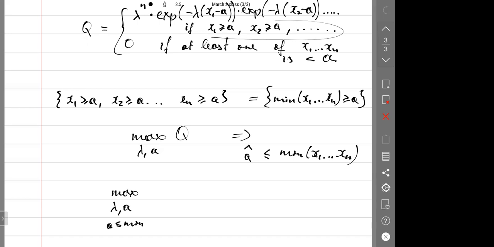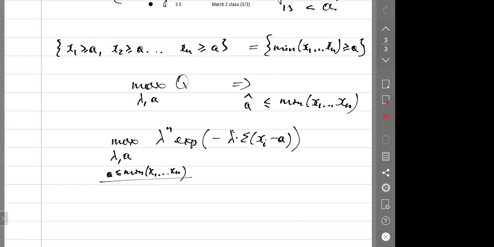So we can incorporate this inequality into our optimization problem: a is less than the minimum of x1, ..., xn. We optimize the same function, but if this condition is satisfied, we can work with the first line. And the first line says maximize lambda to the power n, exponent of minus lambda times the sum of (xi minus a).